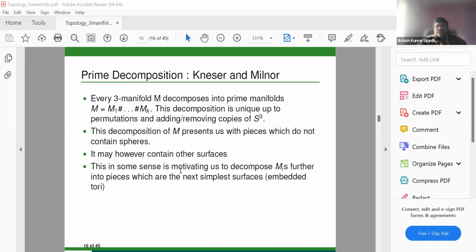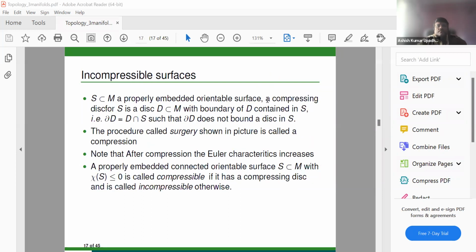This in some sense motivates us to decompose the Mi further into pieces along the next simplest surfaces. So what will be the next simplest surfaces? We are restricting to the orientable case, orientable surfaces. They are embedded tori. Okay.